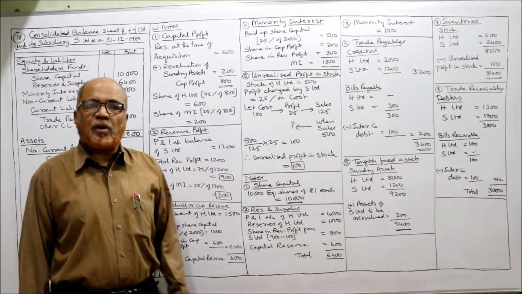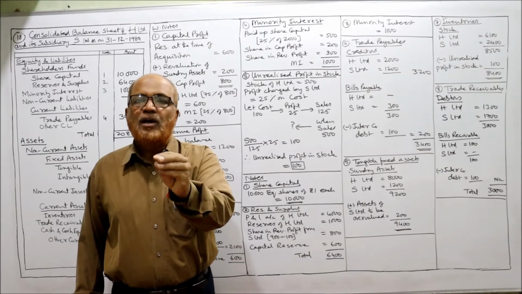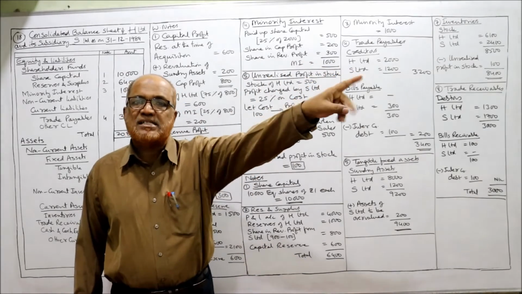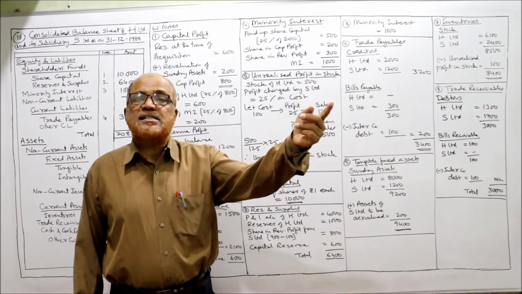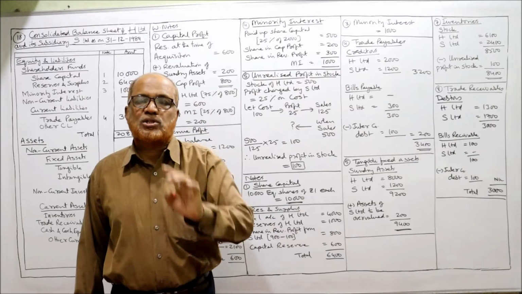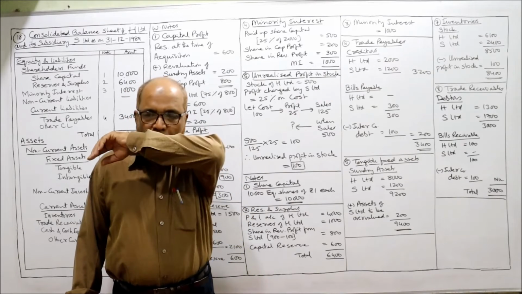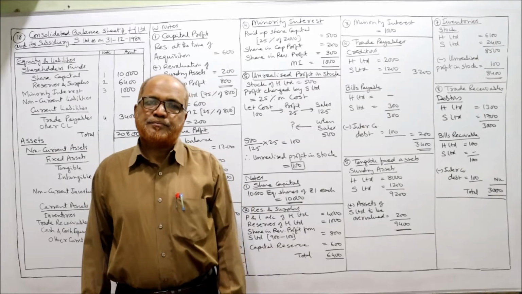Now unrealized profit in stock. H Limited is having a stock of 500 which had been purchased from S Limited. And S Limited has earned a profit of 25% on cost. So we have to find out how much is the unrealized profit in the stock of 500.